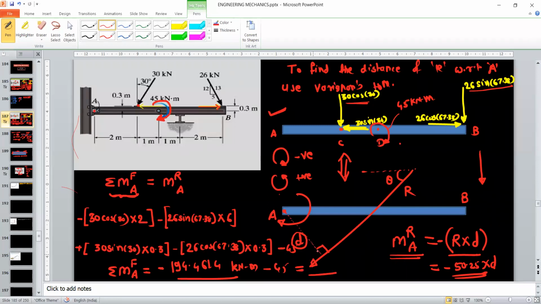So calculate this answer, which is minus 194 minus 45. So this total answer is, I think, 240. So just check the answer.